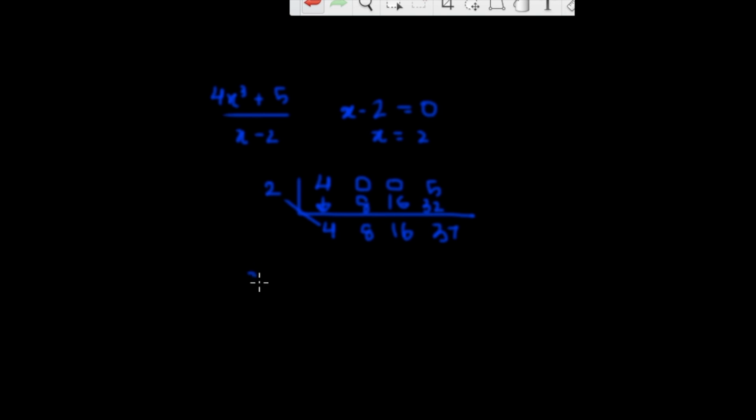So then you would write your answer as x minus 2 times 4x squared plus 8x plus 16, and then you have a remainder of 37. That would just be like so.